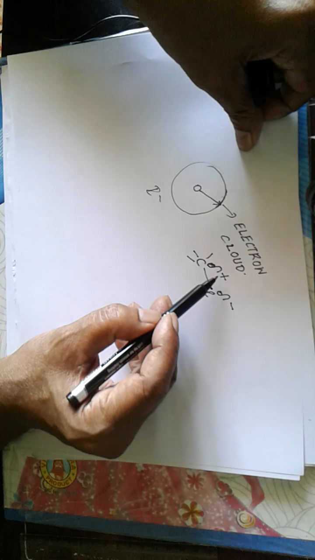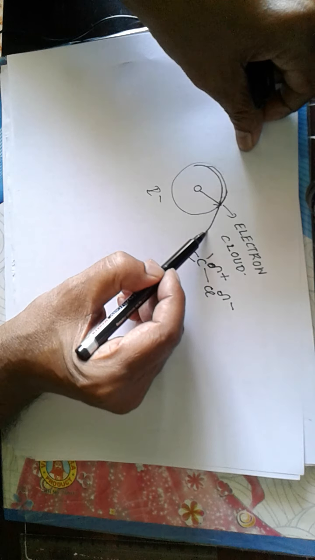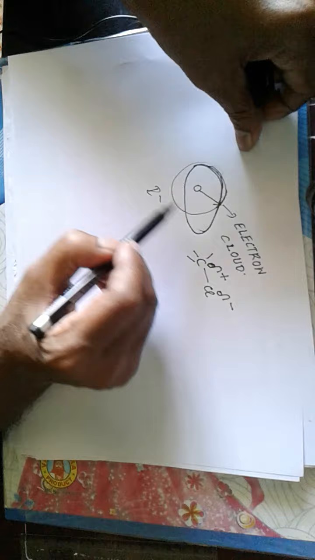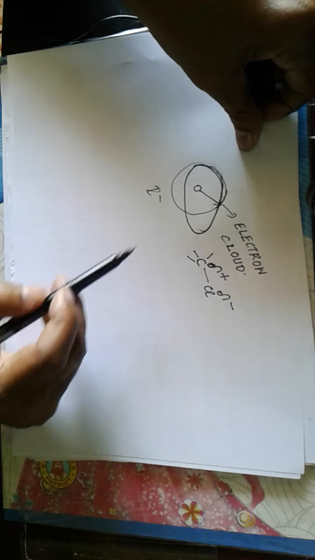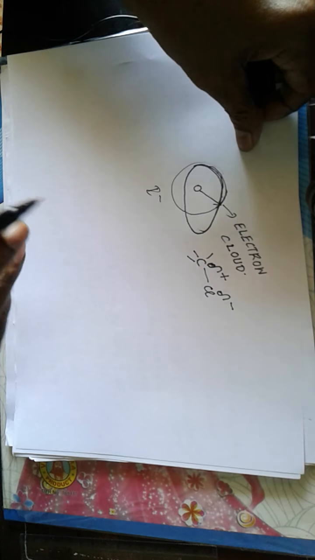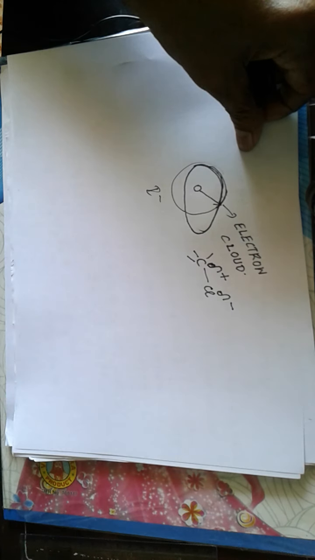Now this delta positive carbon can easily distort the electron cloud of a large iodide ion because the nucleus is far away from the external electron cloud part.